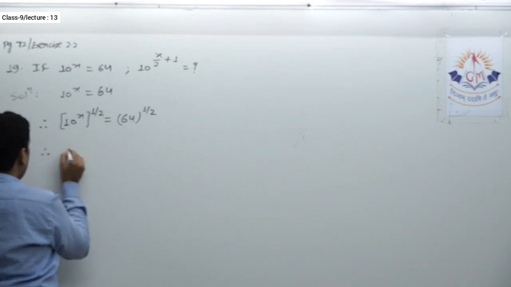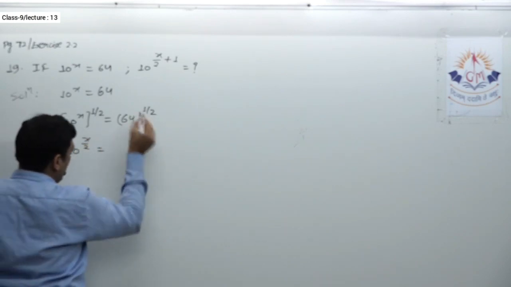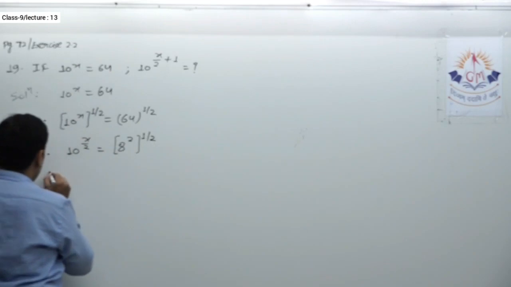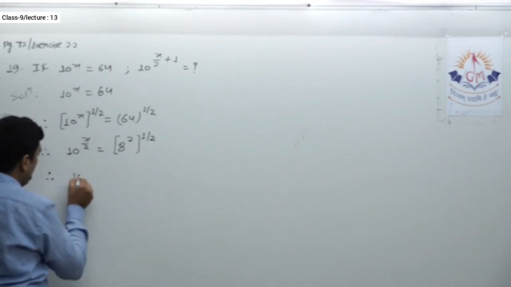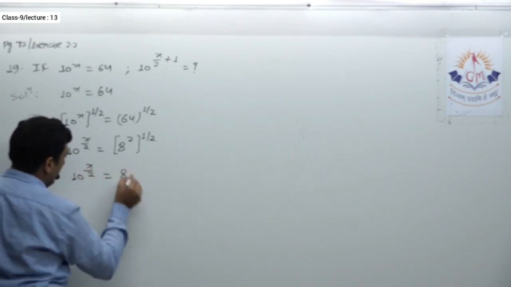So this gives me 10 raised to x by 2 is equal to, now 64 is actually 8 square, raised to 1 by 2. So if I apply the power law, I get 10 raised to x by 2 is equal to 8.